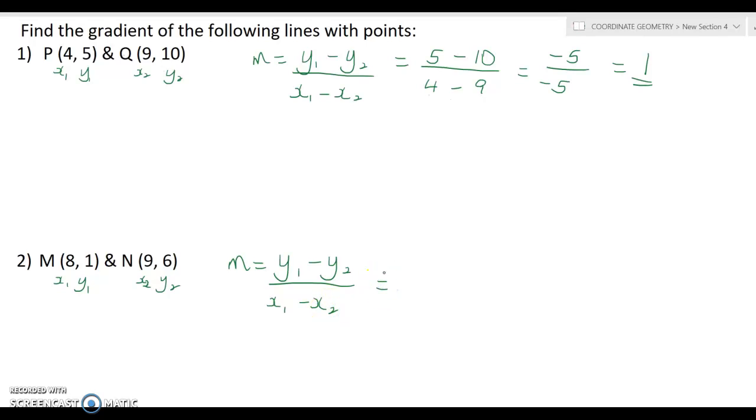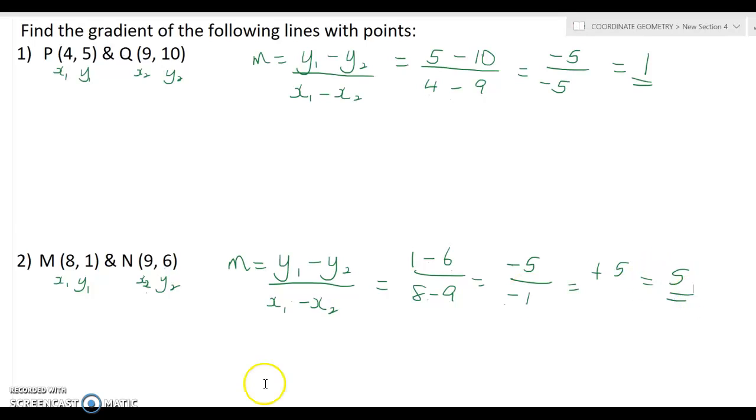Our y1, I apologize, is 1, and our y2 is 6, all over x1, which is 8, and our x2 is 9. So 1 take away 6 is negative 5, over 8 take away 9 is negative 1. Two negatives are positive, and 5 over 1 is just 5. So just 5 is the answer, right?